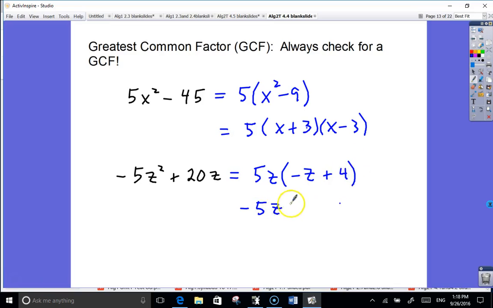If you take out the negative, then you'll get z minus 4. I think normally you would expect that they take out the negative. So any more factoring you can do there? I mean, z minus 4, there's nothing in common. Can't do anything.